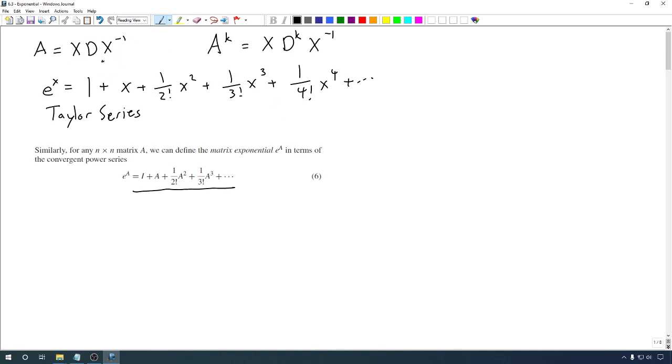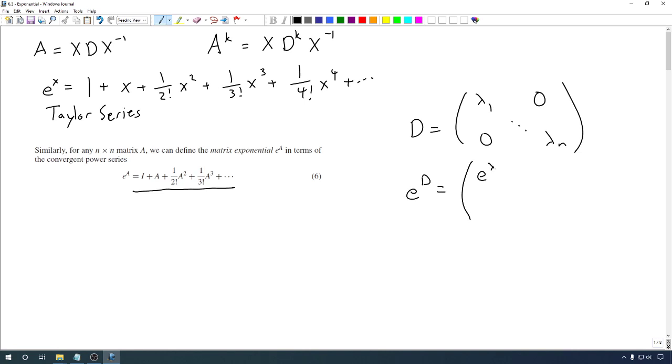Of course, that seems like it would be a nightmare to compute in general, but that's why we care so much about, or at least why we're bringing this up after we know how to diagonalize matrices. Because what is the exponential of a diagonal matrix? If we have a diagonal matrix with diagonal elements lambda 1 through lambda n, its exponential is really easy.